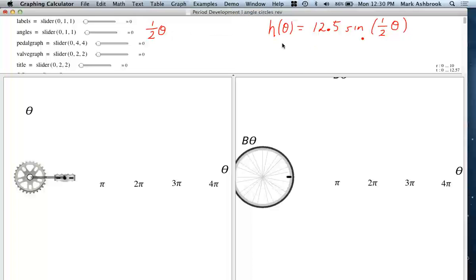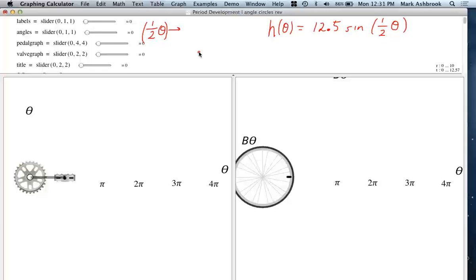So we're kind of using our intuition here, or using some deduction. What quantity does 1/2 theta represent in the context? Is it an angle? Is it a distance? First of all, it's an angle. So we're assuming it's an angle swept counterclockwise from 3 o'clock.